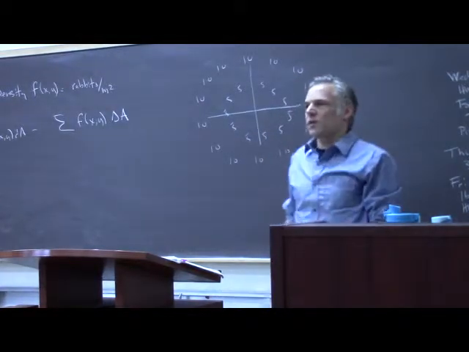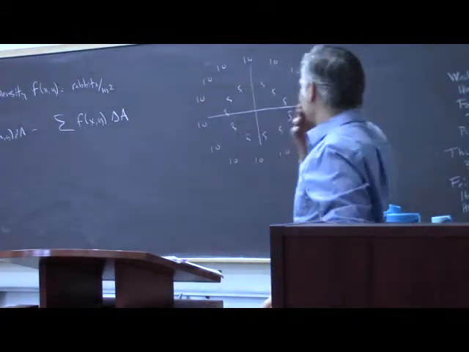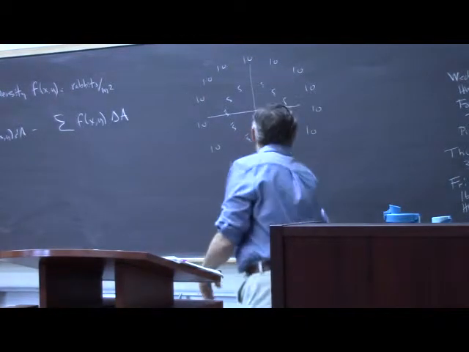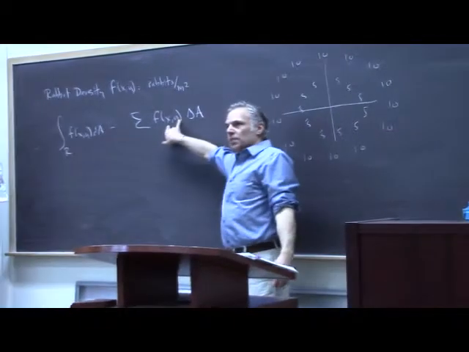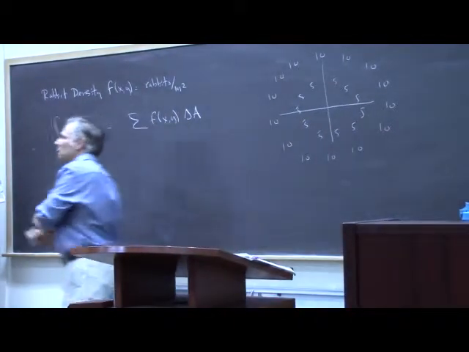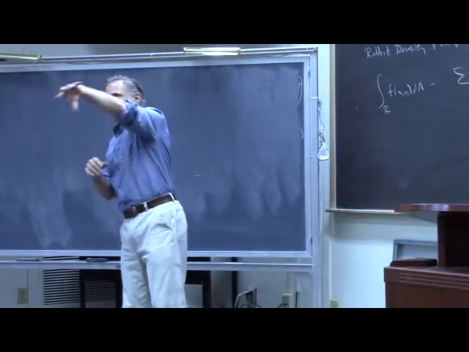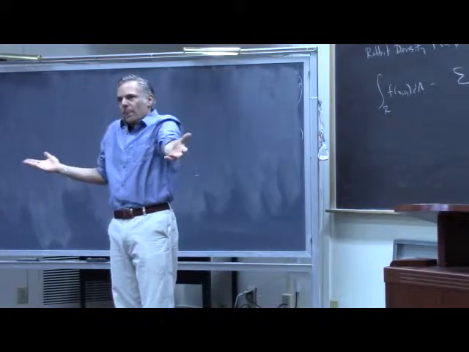Probably didn't need to write quite so many numbers, but I got them all. So when we evaluated these in Cartesian coordinates, we said I could add up all the rabbits this way, or I could add up all the rabbits this way, and it's the same number of rabbits.